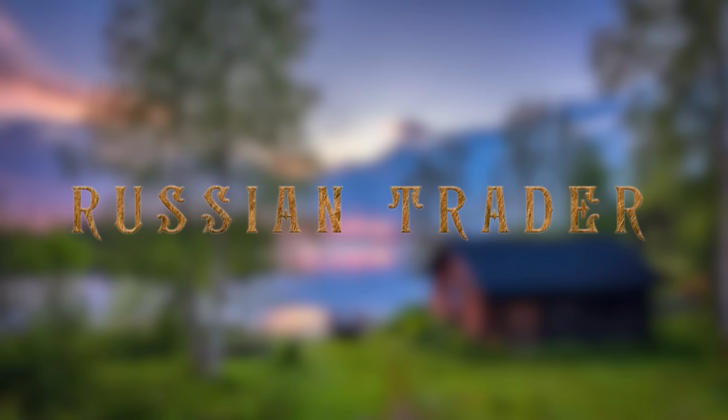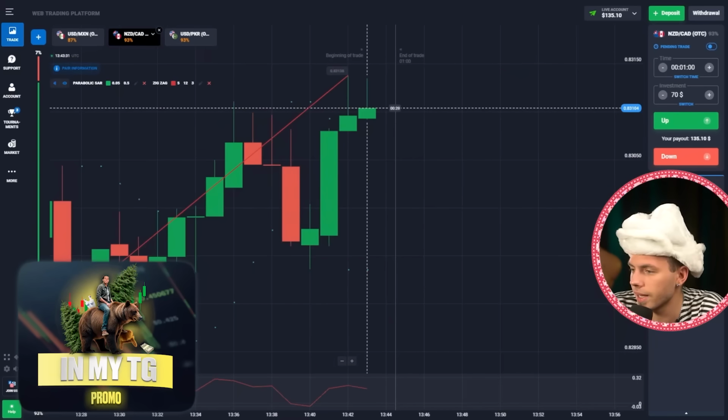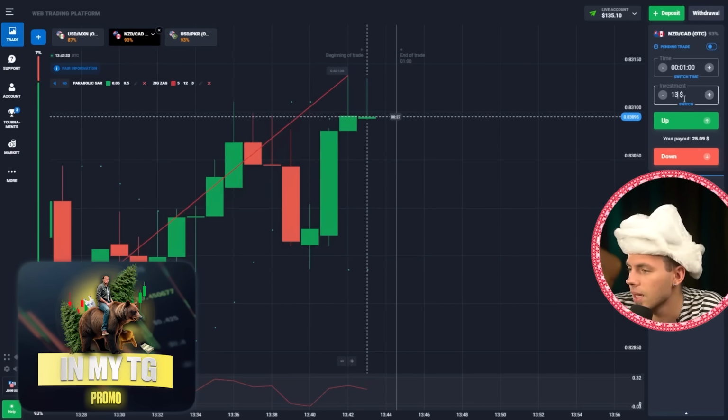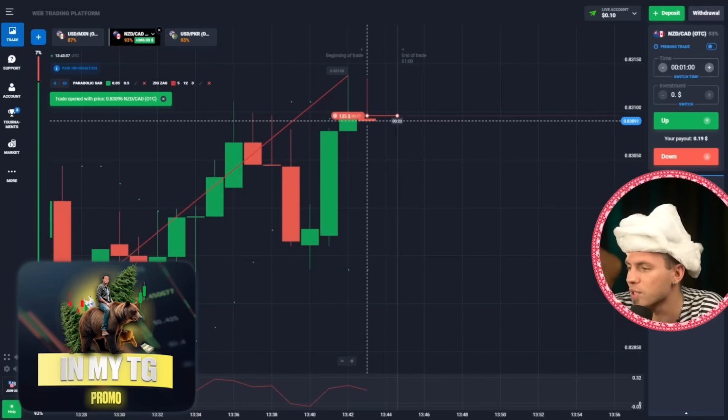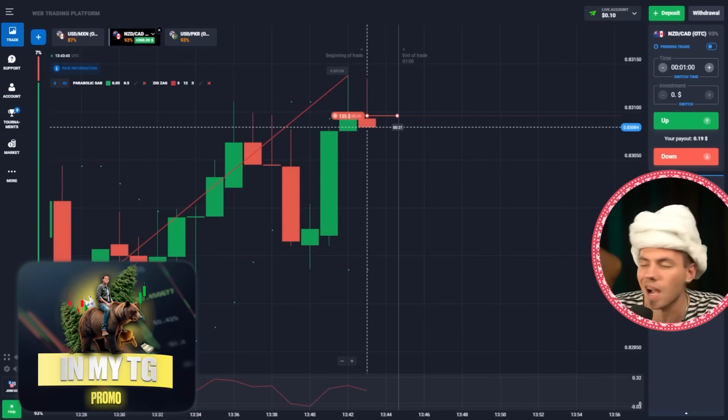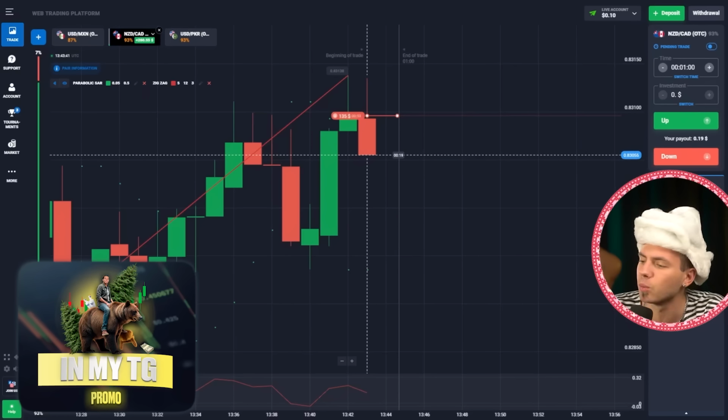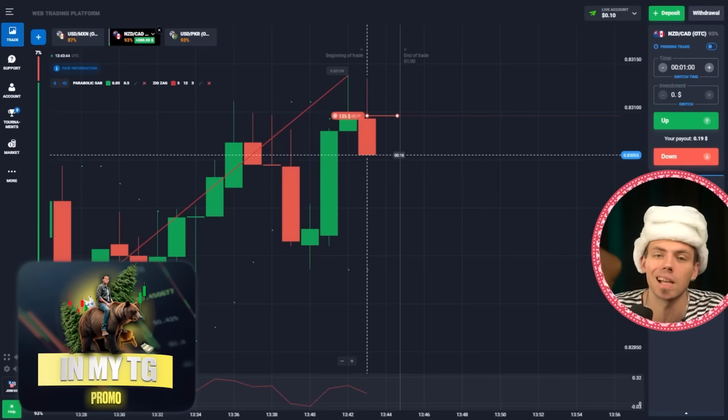Right now, let's enter the amount, and we are opening a sell trade over here. I guess we are observing a pattern, the inverted hammer. This is a downward signal. The inverted hammer is the downward signal.